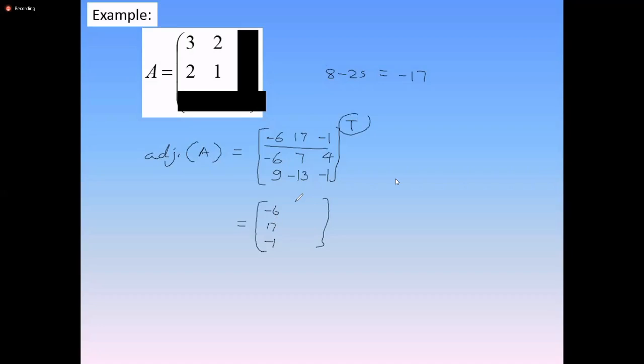Then the second row is written as the second column: minus 6, 7, 4. Then the last row, 9, minus 13, minus 1. The last row becomes the last column here. So this is the adjoint matrix.